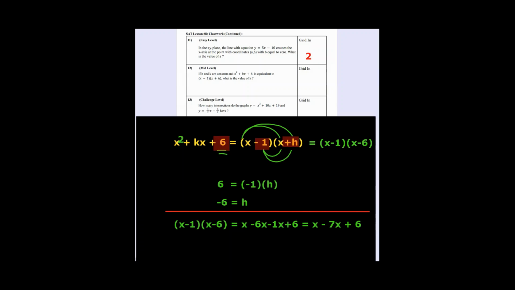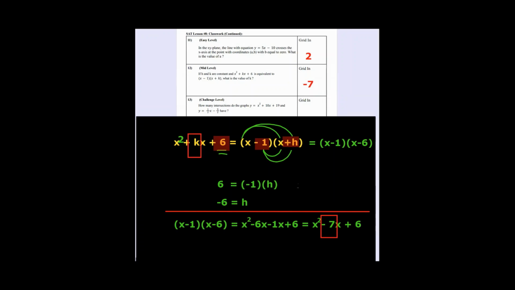And we know that k equals negative 7 for this quadratic. So I'm circling it here. We want to find k. Well, k is then negative 7, and the correct answer is negative 7.